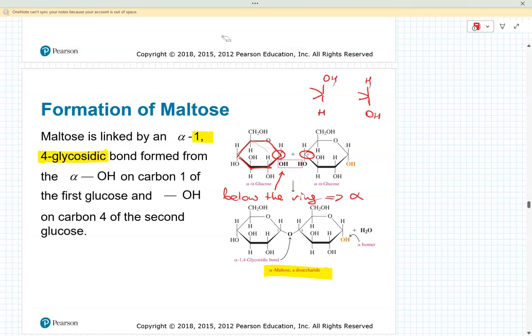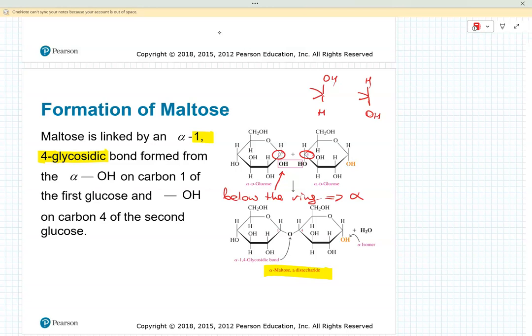And if you remember the wedge-dash approach, you see how these bonds are thick? It means that they're facing you. The position of that molecule is not in the plane of the screen. Its frontal part is kind of sticking out.